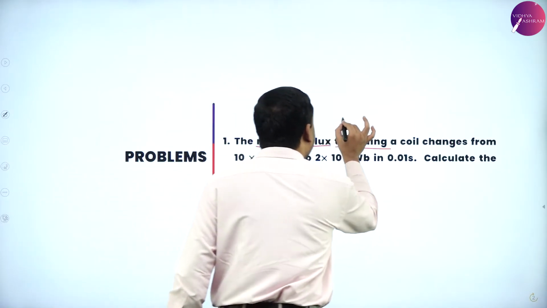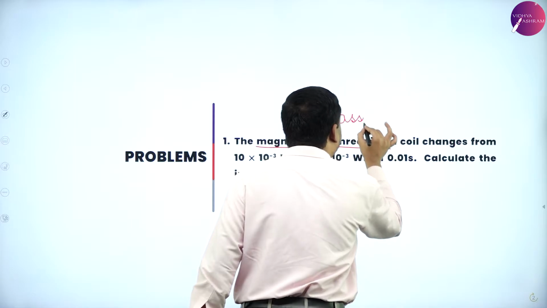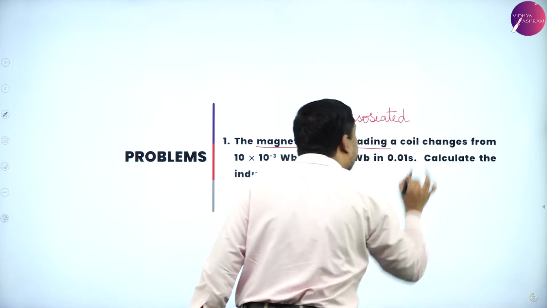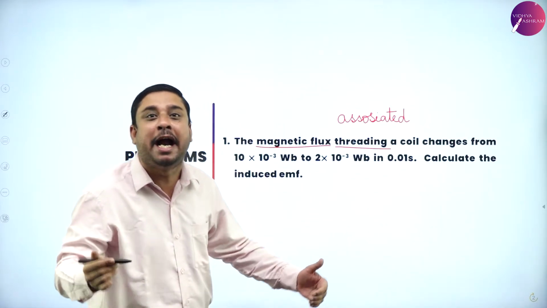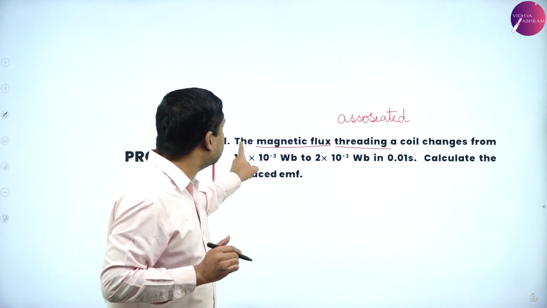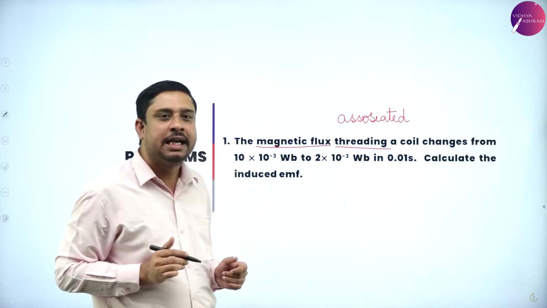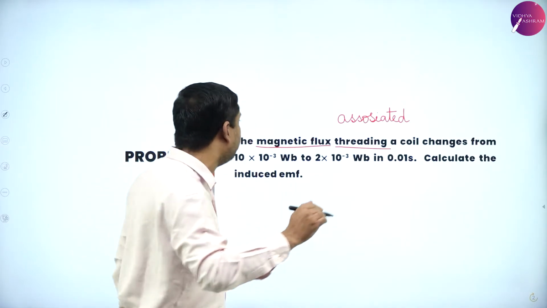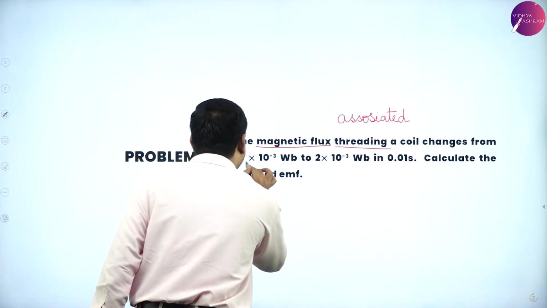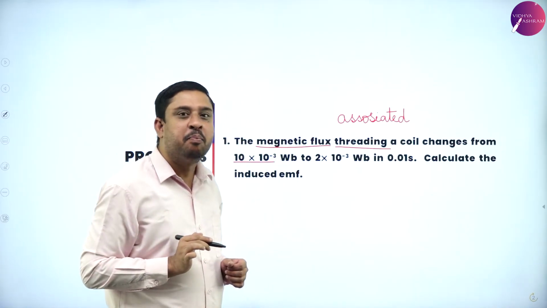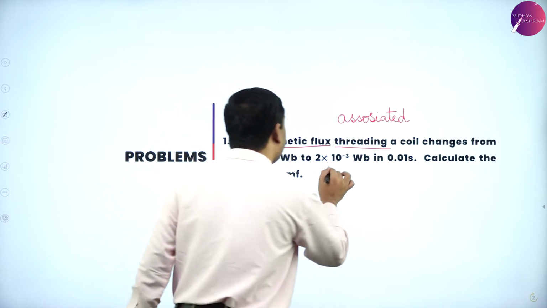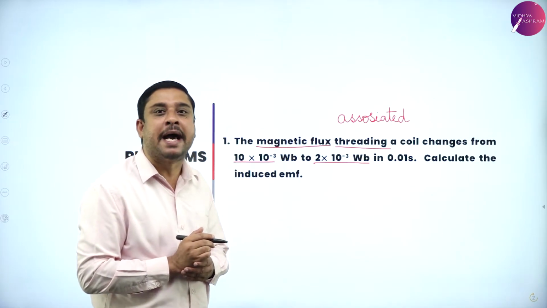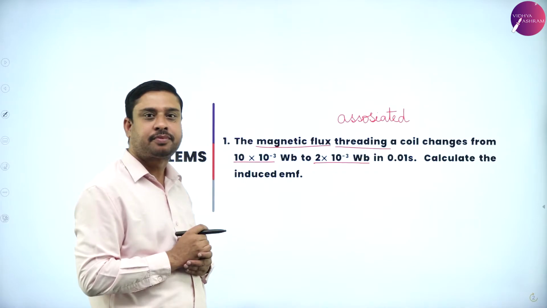Threading means associated with a coil. So the magnetic flux threading a coil changes from 10 into 10 power minus 3 Weber to 2 into 10 power minus 3 Weber.